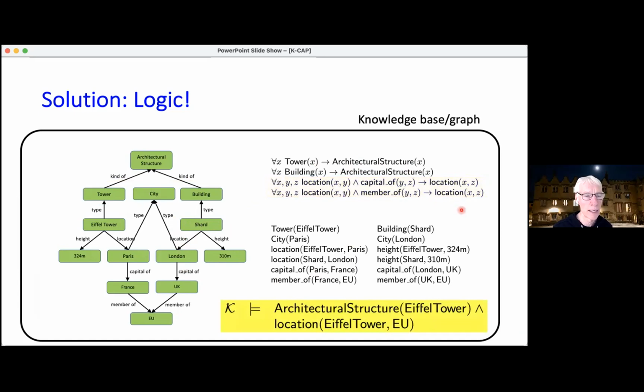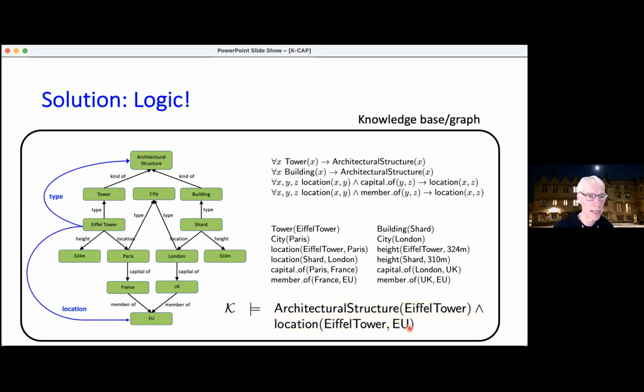For another thing, it also gives me a semantics for query answering. Query answering now just becomes, very naturally, logical entailment. So the Eiffel Tower is in the answer to my query exactly because my knowledge graph in its logical form entails that the Eiffel Tower is an architectural structure and that it's located in the EU.